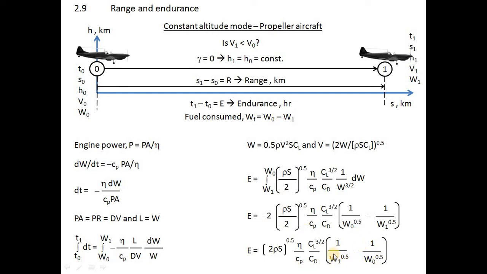So to fly at long endurance, for propeller aircraft, you must fly at maximum CL to the power of 1.5 over CD. Again, this is another aerodynamic efficiency parameter.